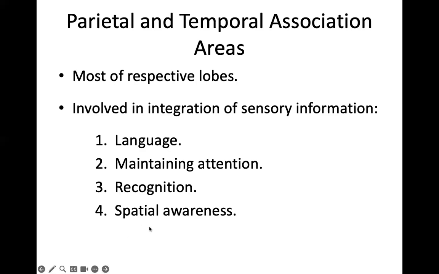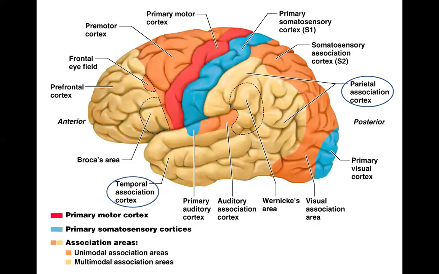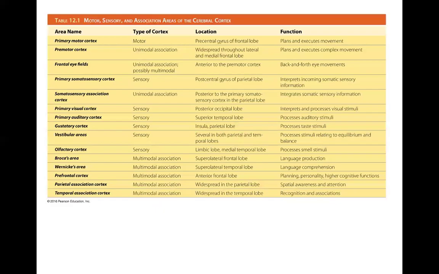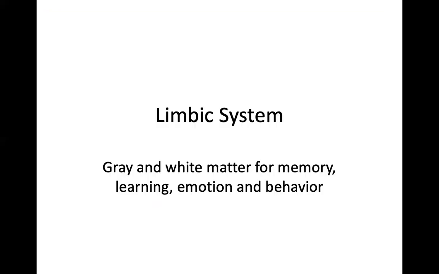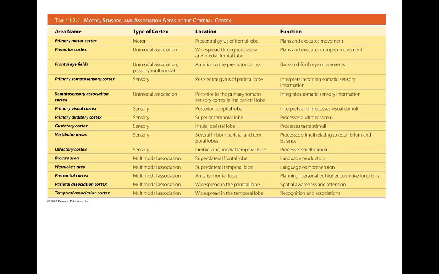Spatial, S-P-A-T-I-A-L, that is about space. We know about space, three-dimensional things, that is done by part of the brain. So in this table, you will find the location, type of cortex, and function of those different areas. While you study, try to focus on those special things that we have learned so far.